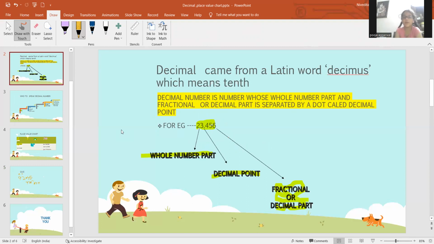It came from the Latin word decimus. What is a decimal number? A decimal number is a number which has a whole number part and a fractional part separated by a dot called the decimal point.